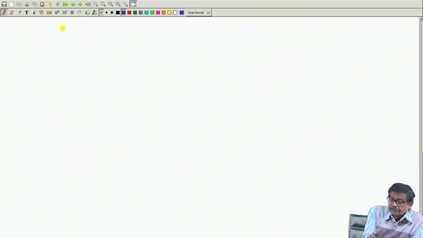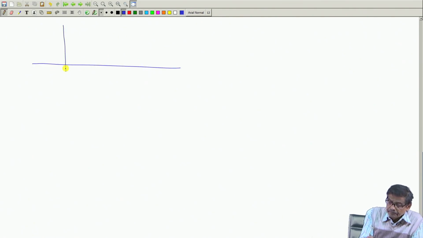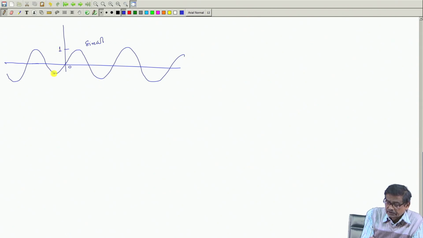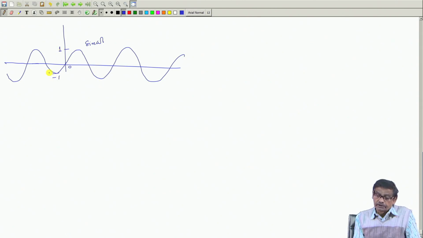For example, if I ask you to sketch sin omega t, you will sketch it like this, is it? Sin omega t, this is 1, this is minus 1, it oscillates between minus 1 and plus 1 with a regular angular frequency omega radian per second, that is fine, this is the time axis.